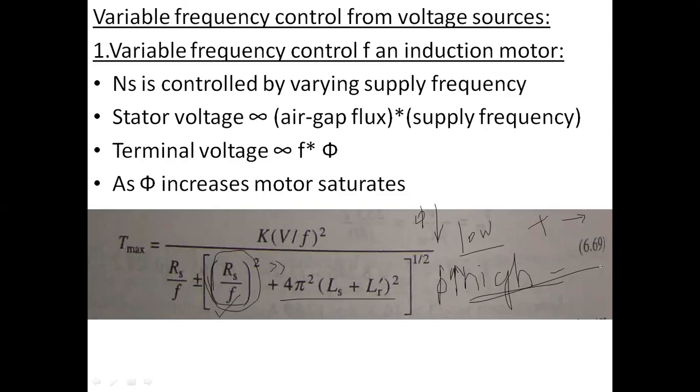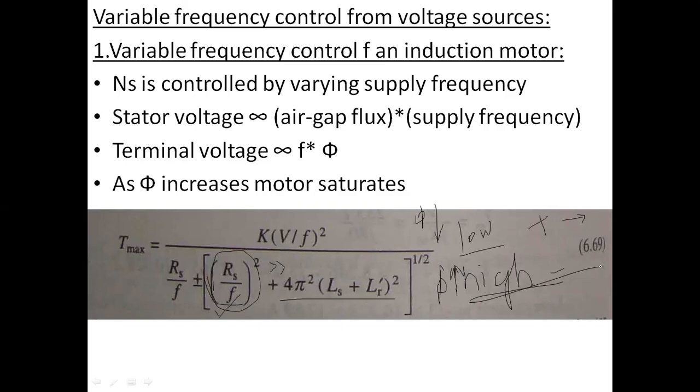What is our aim? We have to increase or decrease the voltage with respect to the frequency and control the speed of the induction motor. So what happens if V saturates? There is no possibility of increasing the voltage with respect to frequency. We attain this position at base speed.